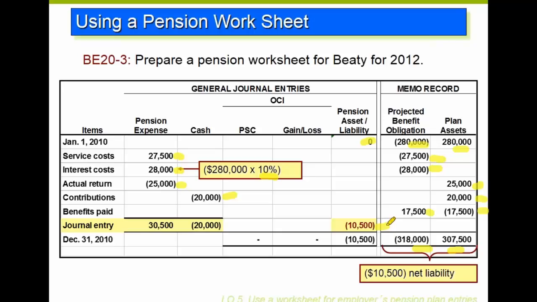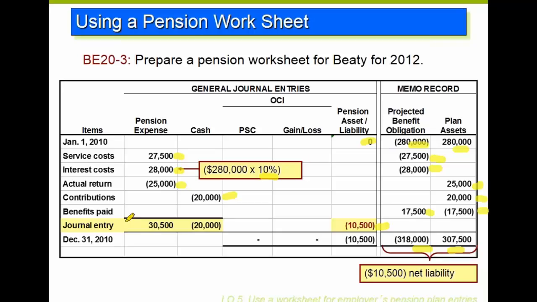So again, keep in mind that the PBO is a liability, but it's not part of our balance sheet. Plan assets are real assets, but they're not part of our financial statement. But what does become a part of the financial statement is the difference between the PBO and the plan assets, and that is our pension asset or liability.